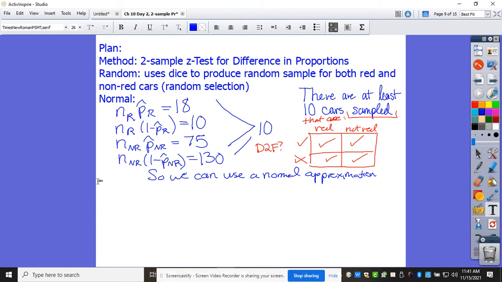My last condition is independent, which is what? 10% condition.